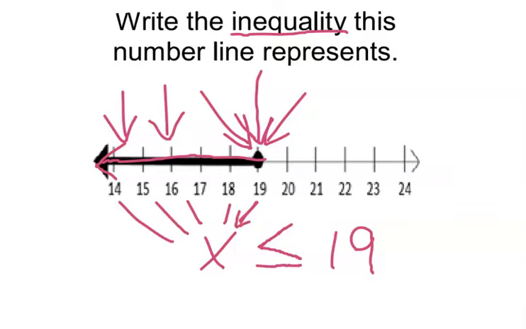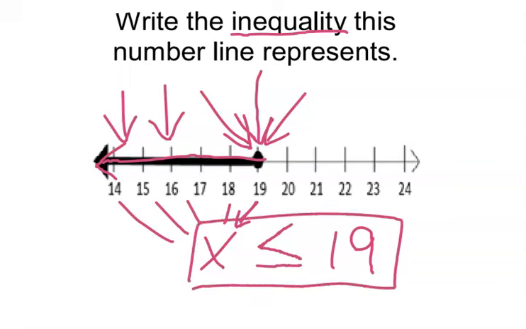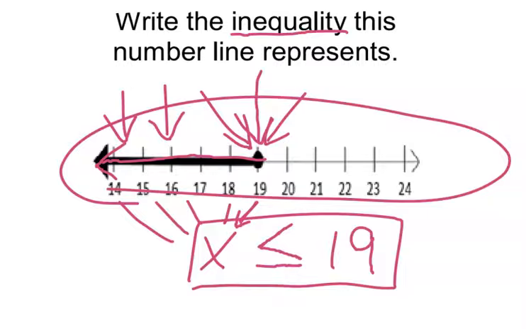So that would be our inequality: x is less than or equal to 19. If you see this type of thing on a number line, that would be the inequality for it.